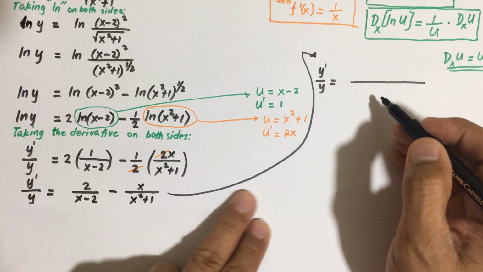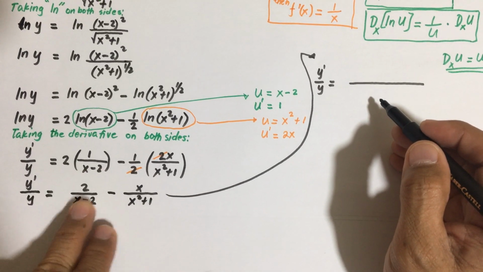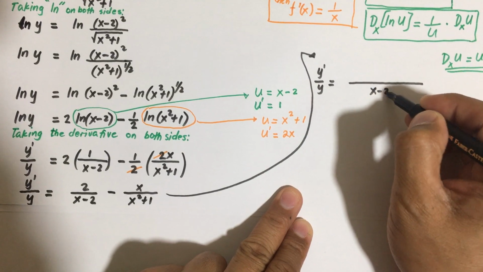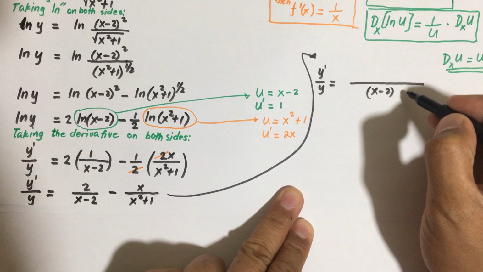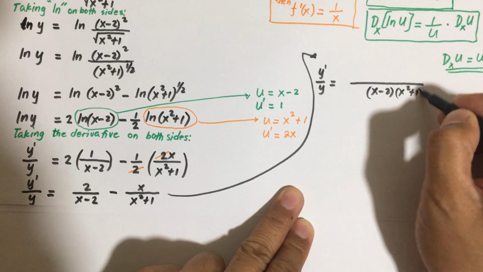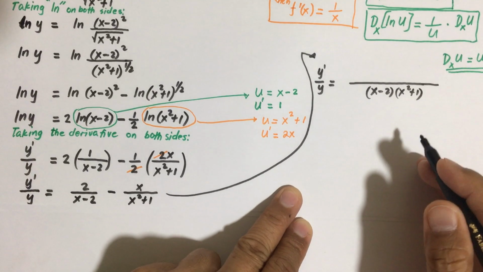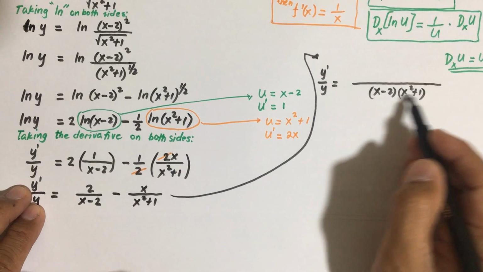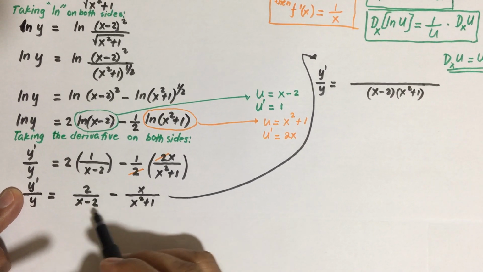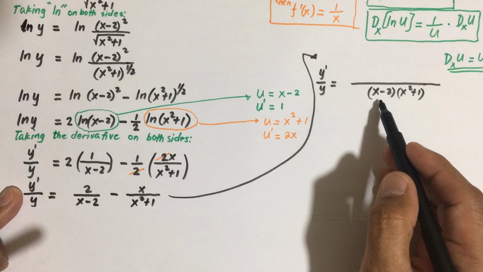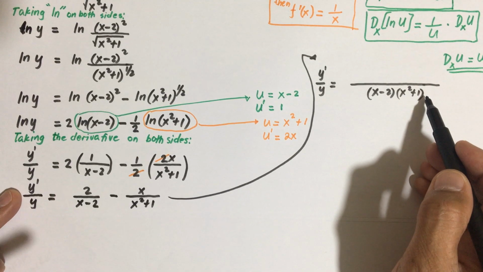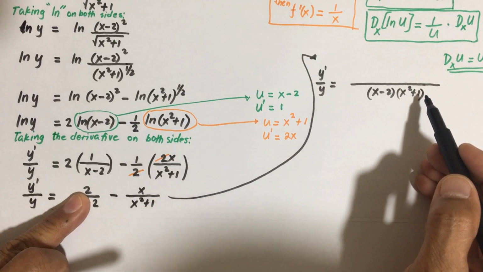The LCD here is just the product of x minus 2 and x squared plus 1, so x minus 2 times x squared plus 1. The rule here is you divide the LCD, the least common denominator, by the denominator of its term. So this LCD divided by this, what is left is only x squared plus 1, then multiplied by 2.